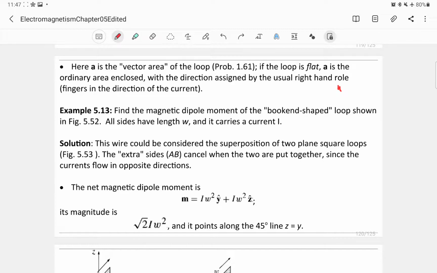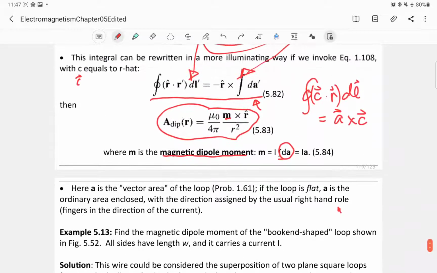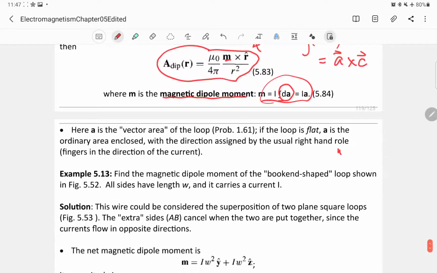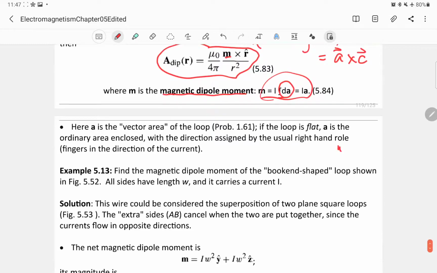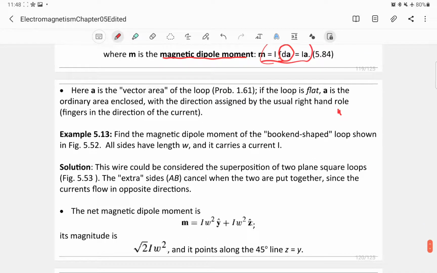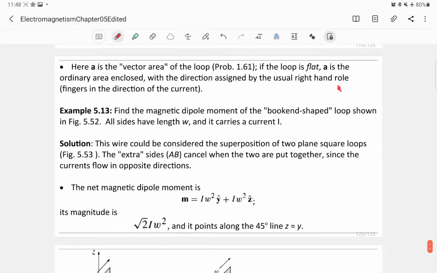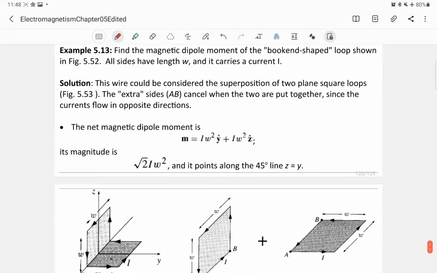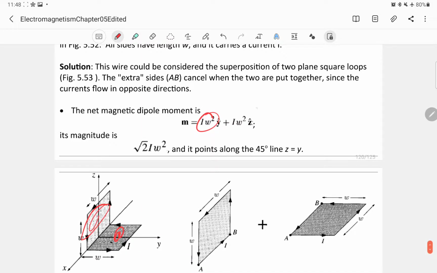So the magnetic dipole moment, going back to the formula, m, which is just I times the cross-sectional area. So the net magnetic dipole moment would be for this part here would be this one, and for this part would be this one.